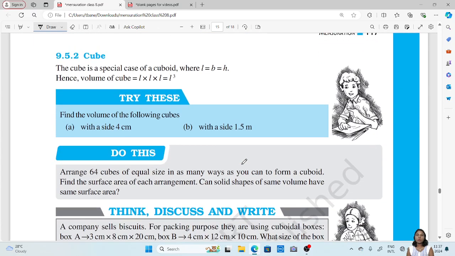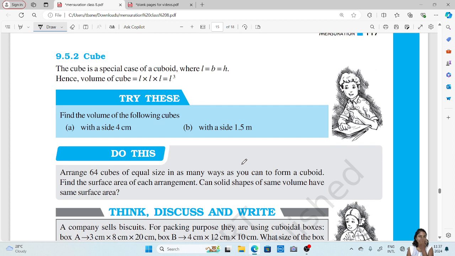Now let's move on to cube. When we talk about cube, it is very simple and easier to remember.